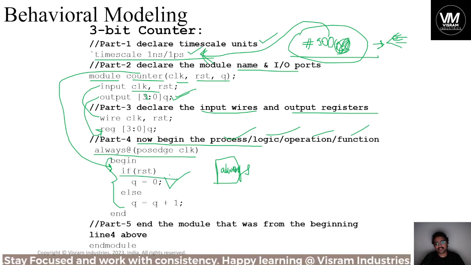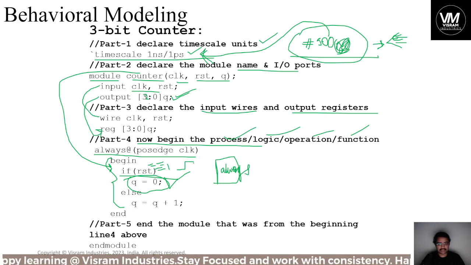And if reset is equal to 1, then Q is equal to 0. If reset is equal to 1 means when the clock is like this, reset is 1, this is reset.